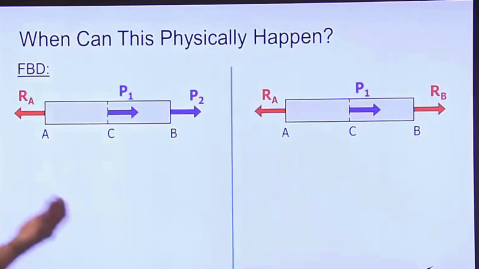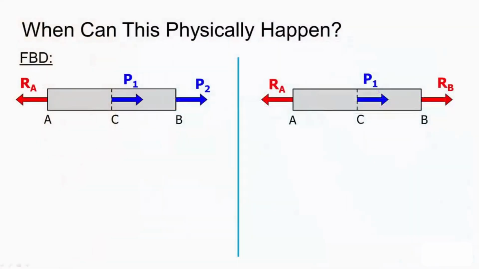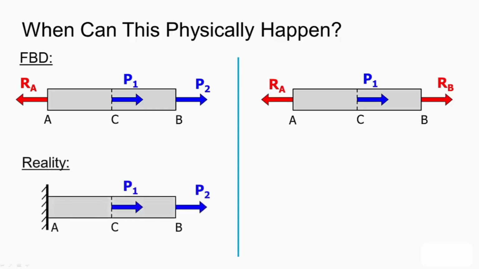So that's the main difference between statically determinate and indeterminate. But when can these differences physically occur? If we look at our two free body diagrams, they're very similar except for which forces are known and unknown. If we take our left free body diagram and recall what it was in reality, this reaction represented some sort of boundary condition that held the beam or the rod in place.